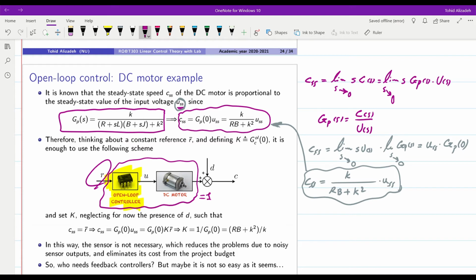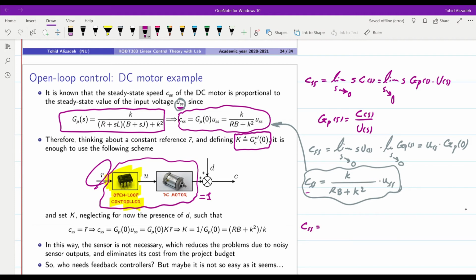That means we should make the overall transfer function in the steady state mode equal to 1. If we replace USS with the actual signal that comes from the reference multiplied by the transfer function of the open loop controller, and assume the DC gain of the controller is equal to K, then we can rewrite the equation in this form.